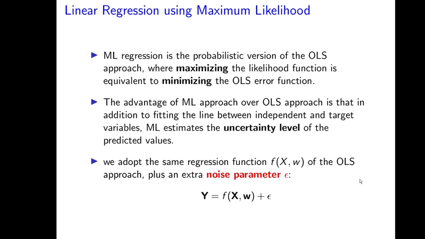So we model our data by using the same regression function we use in the OLS technique. We say that the target variable y is equal to a function of both the predictor variable x and the list of coefficients w, and we add an extra noise parameter epsilon.